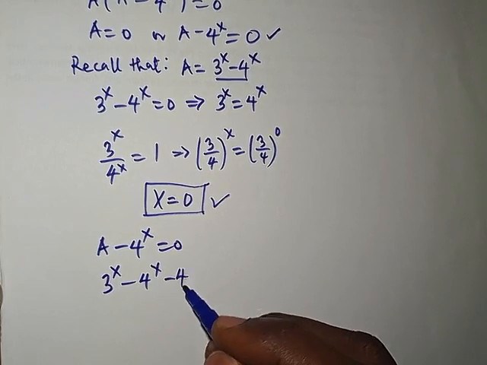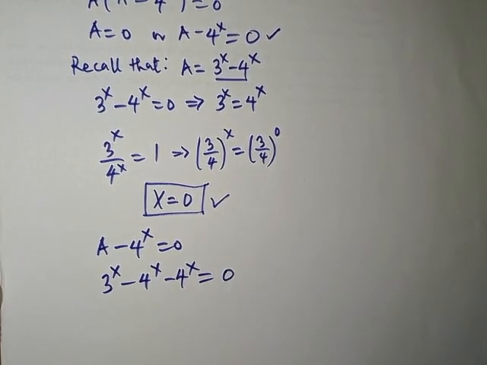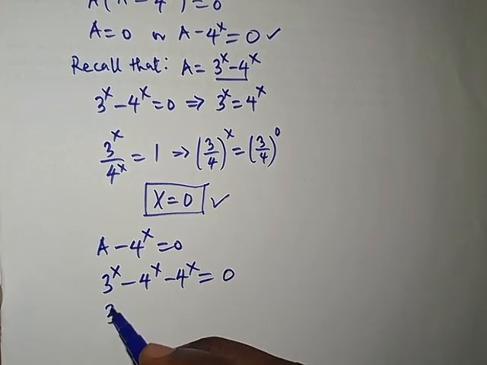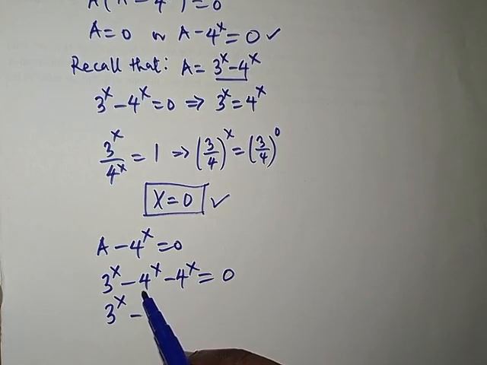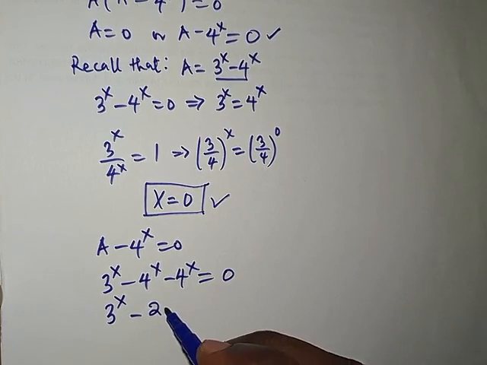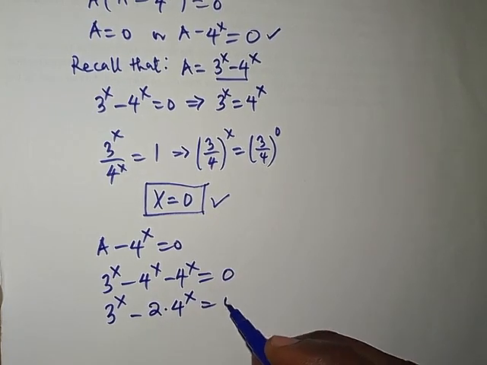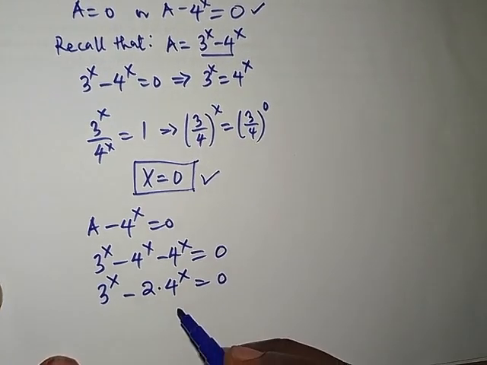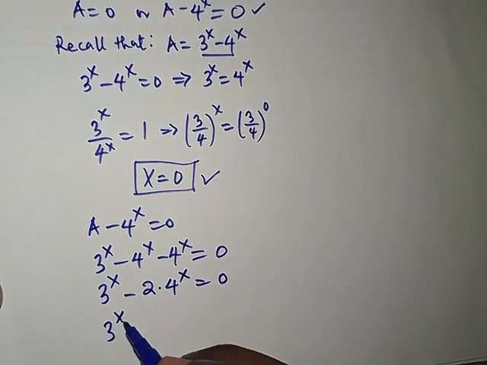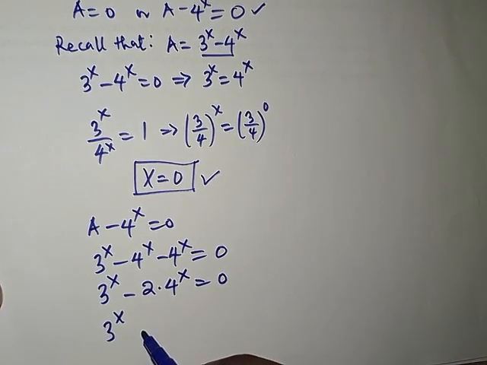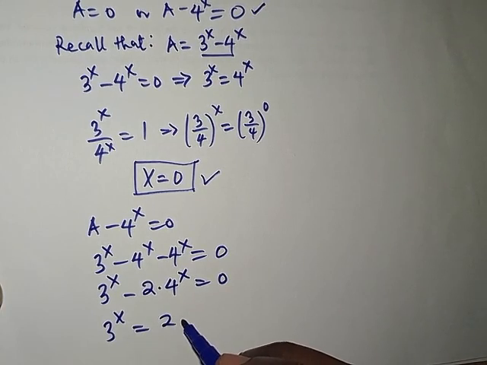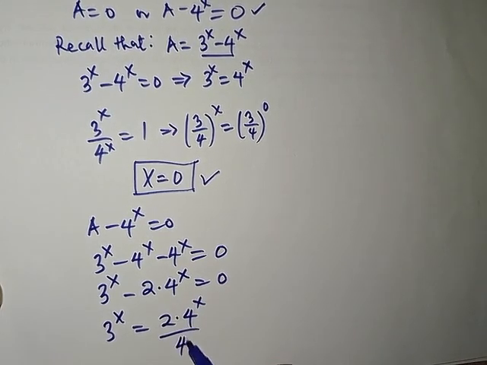Let's replace the value of a. Then I have 3 to the power x minus 4 to the power x minus 4 to the power x equals 0. We are going to have minus 2 times 4 to the power x, so I have 3 to the power x equals 2 multiplied by 4 to the power x. So I can divide through by 4 to the power x.